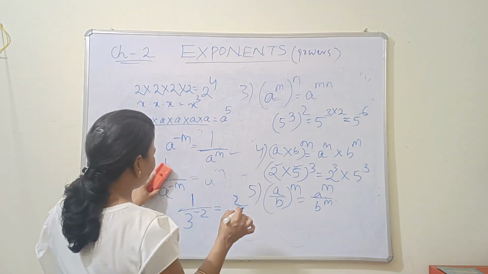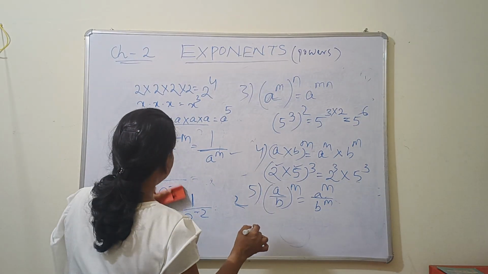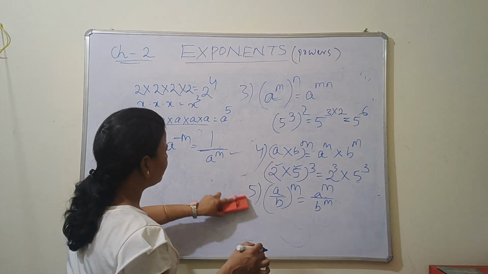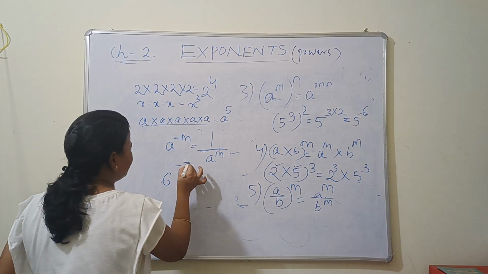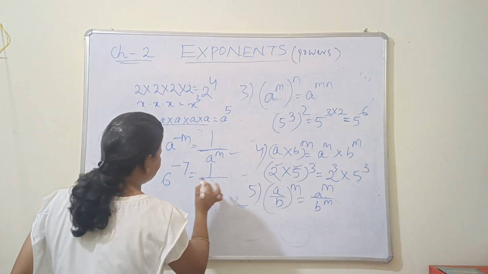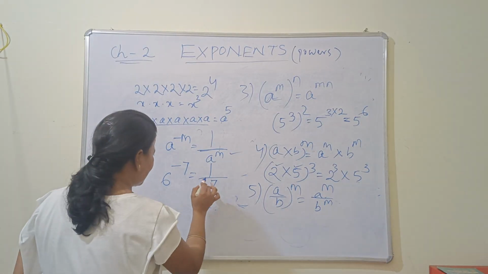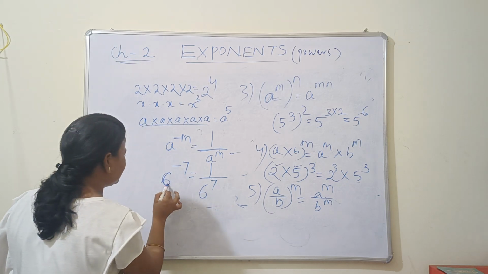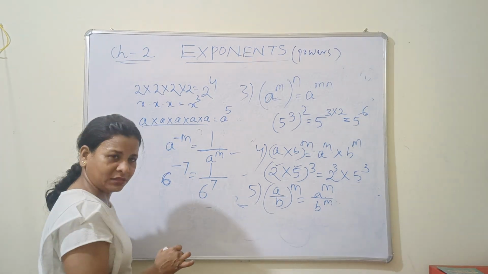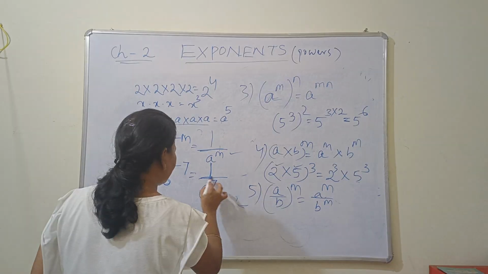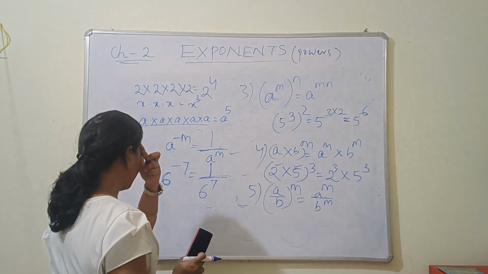For that, we can take an example. Suppose we have 6 to the power minus 7. It can be written as 1 by 6 to the power plus 7. See, in the numerator 6 has power minus 7, but in the denominator it will have a plus, positive power.